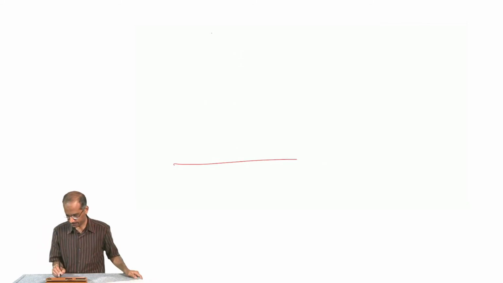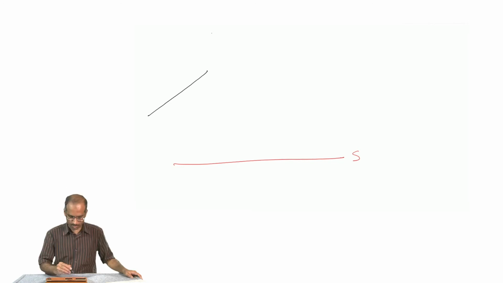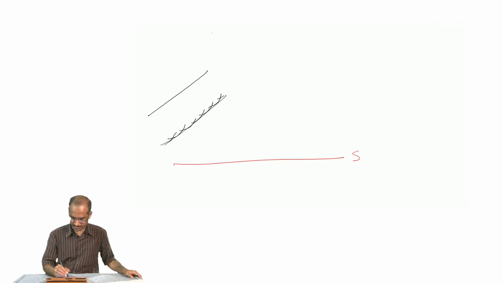Let us say that I have some surface here which I call S, and there is an incoming wavefront like this. I consider secondary wavelets and I can move it to this point, which is essentially the locus of all the secondary wavelets with the same phase. Here I assume that the media are different at the top and bottom.